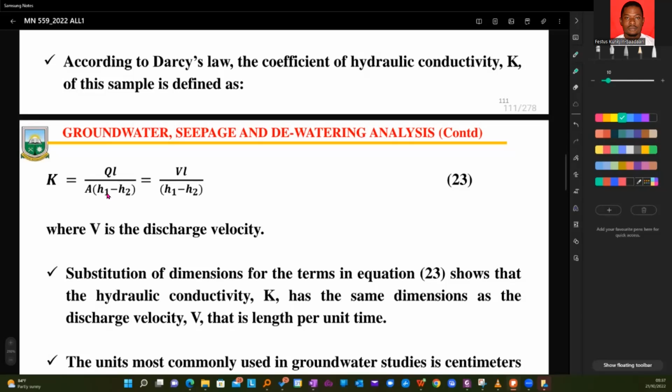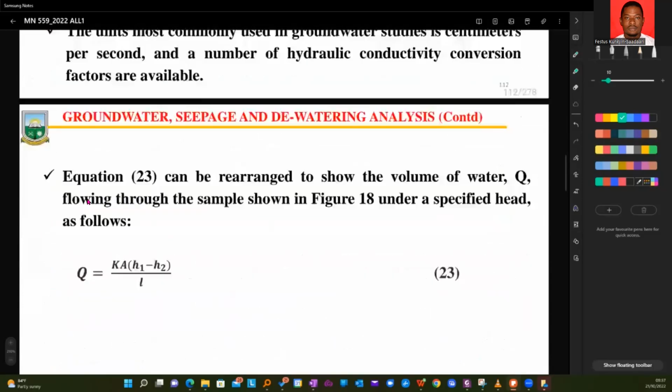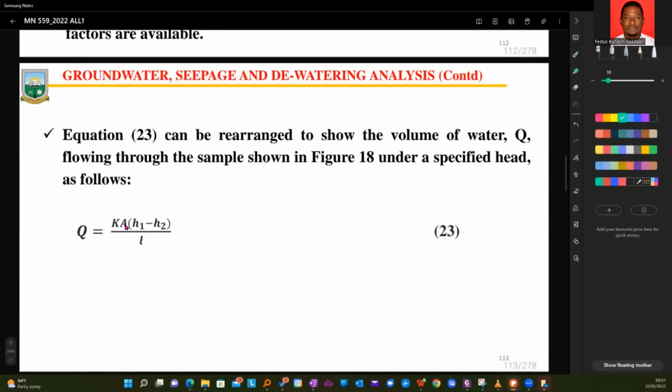close to each other, and I want to measure. In the lab, we are able to mimic the situation such that we can change the height or elevations of the water. But in the field, we do that by drilling wells that help us measure the water levels and use that to compute for our K. And that formula is proven.